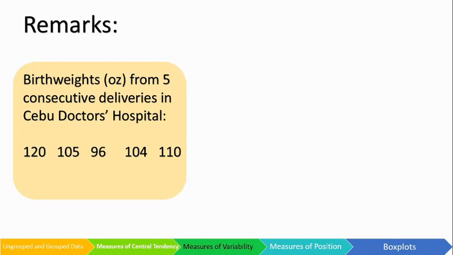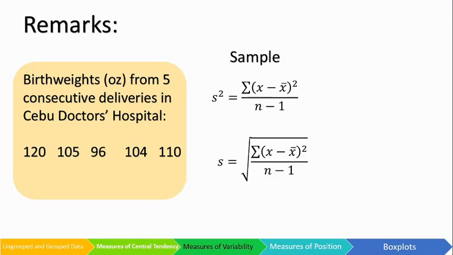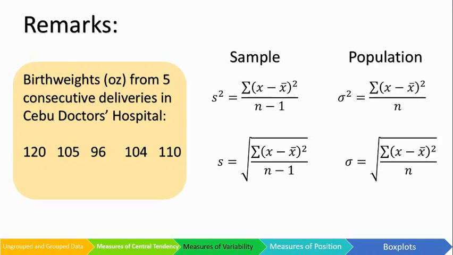Here are some remarks of our computations. Shown are the formulas in computing the variance and standard deviation of a sample. And if you want to get those measures in a population, we use these formulas. Notice that the difference is in the divisors of n-1 in the sample and n in the population.